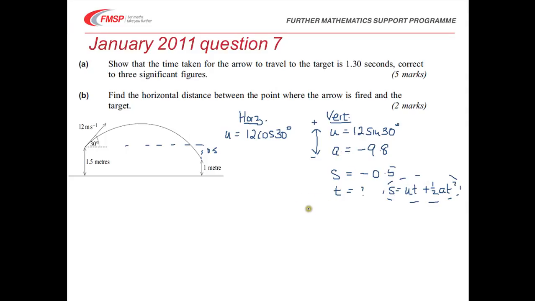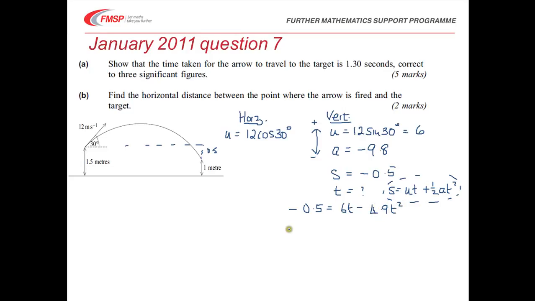If we substitute that in, we have negative 0.5 equals 6t, because the sine of 30 is a half, so 12 times a half is 6. That's going to be 6t minus a half at squared, so a half of 9.8, so minus 4.9t squared.